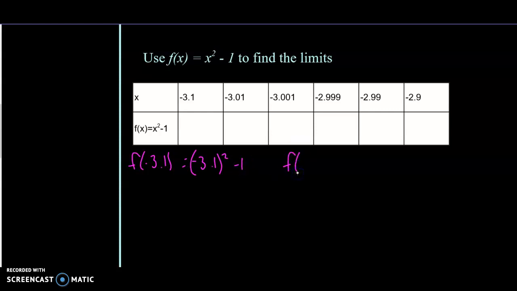I'm just going to show you a couple so you have an idea of what you're going to be doing: negative 3.01 squared minus 1. You're going to put that on your calculator. If you want to use decimals, remember you can; you don't have to change the settings.